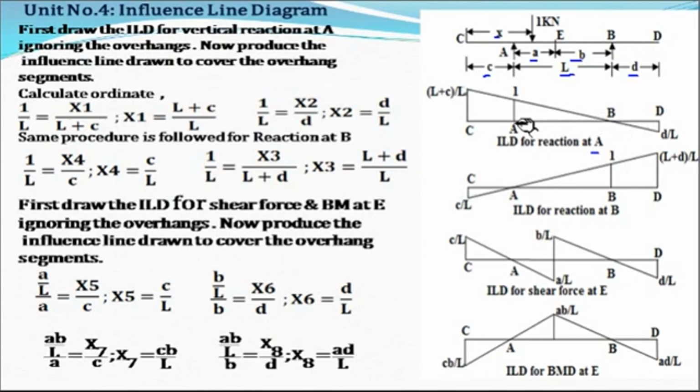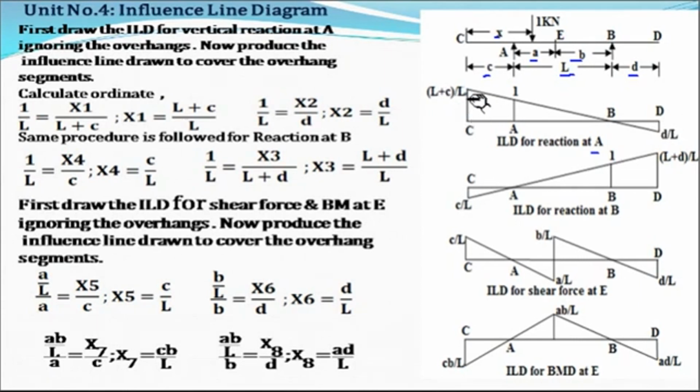Then you have to produce this influence line to cover the overhang portion. Here this line is extended up to support C, and on the right hand side this line is extended up to support D. Now here you have to find out these ordinates.